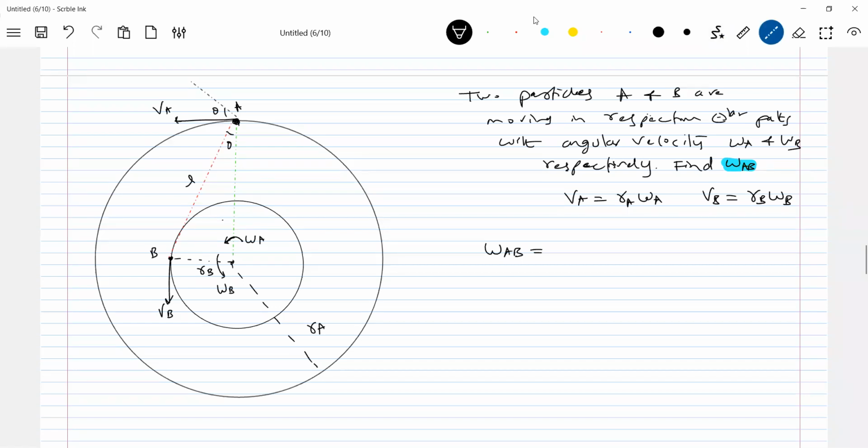I'll extend that red dotted line. So again, a line normal to that. Okay, this should be theta.